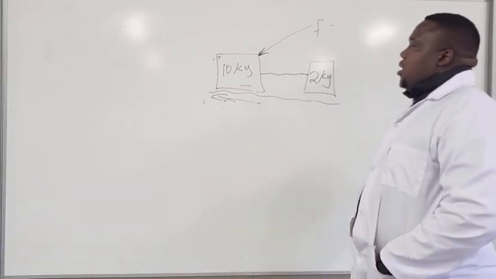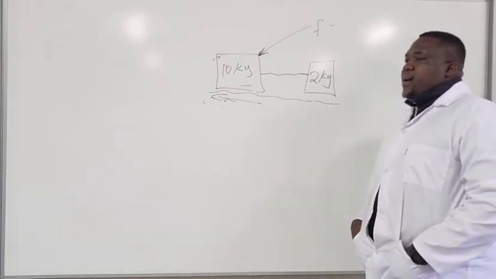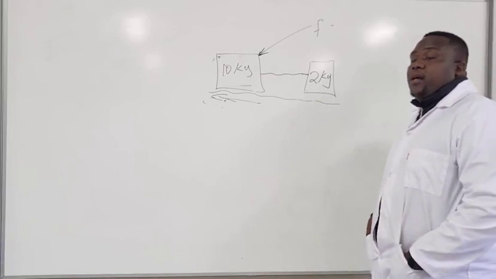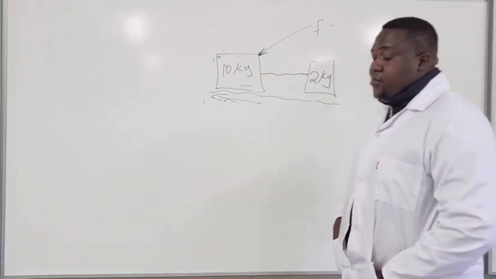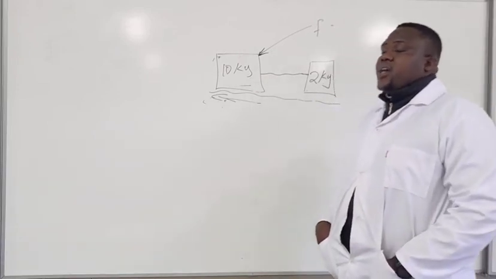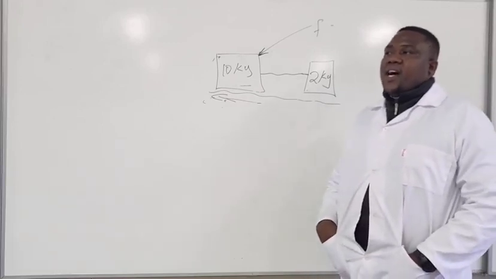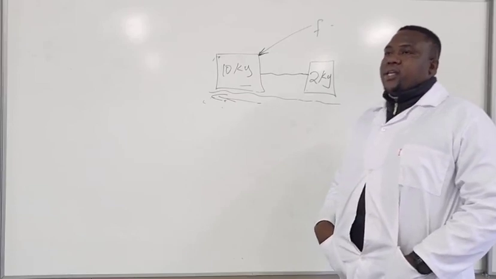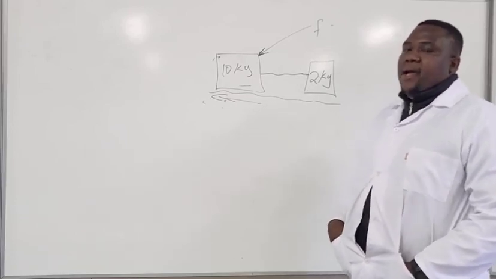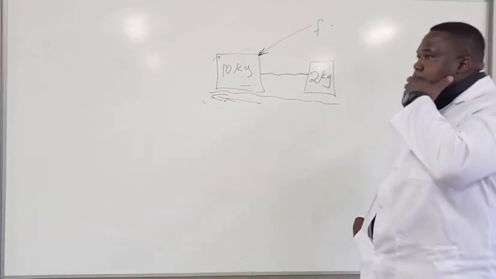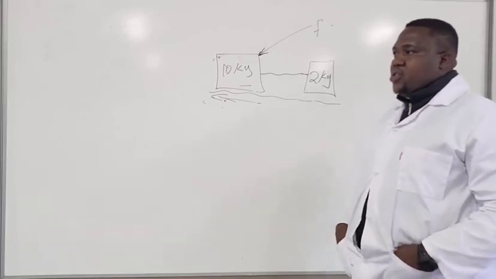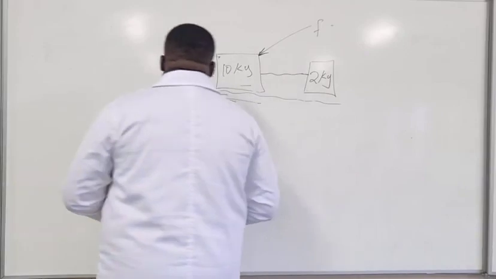So how do we represent a free body diagram for this 10 kg? Remember, one of the rules that I gave you for drawing a free body diagram is that the arrow is not allowed to point at the body.